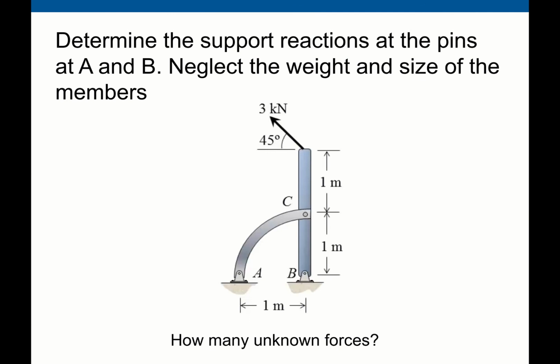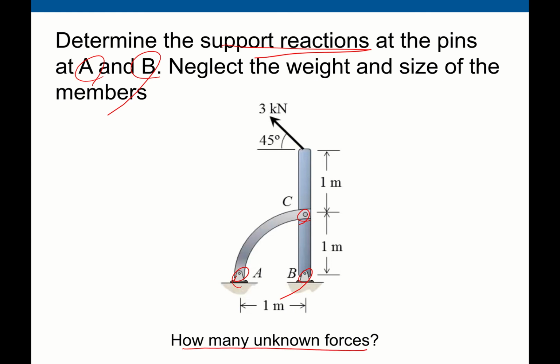Let me ask you. Determine the support reactions at the pin at points A and B. So there is a pin. Point A is pin connected, point B is pin connected, and C is also pin connected. How many unknown forces here?